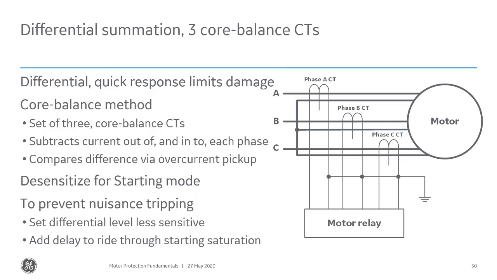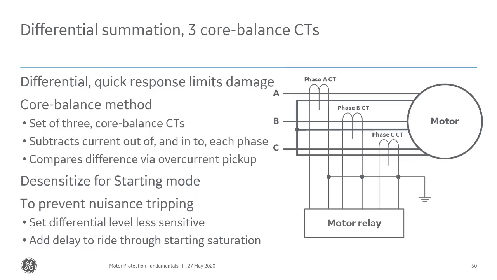The reason I say the better of the two ways is because the challenge with all differential is not getting it to operate for a fault. The challenge with all differential is keeping it from operating for a through fault or a problem elsewhere on the system.